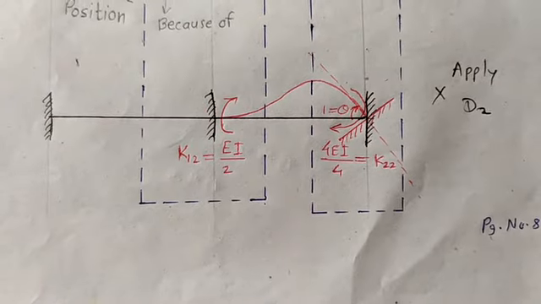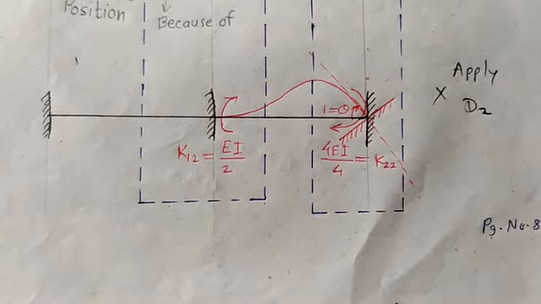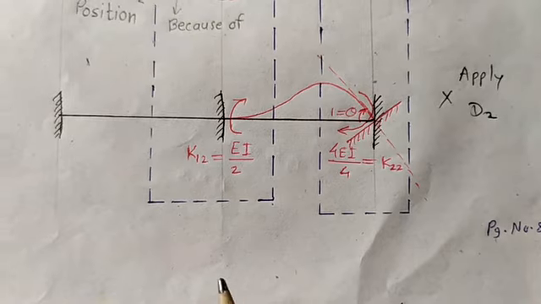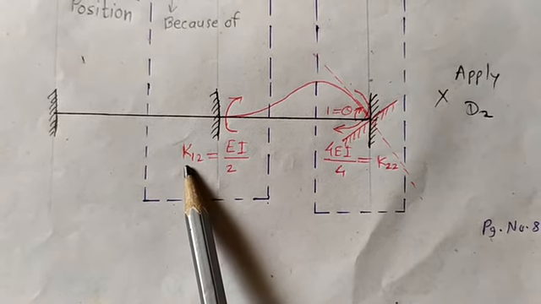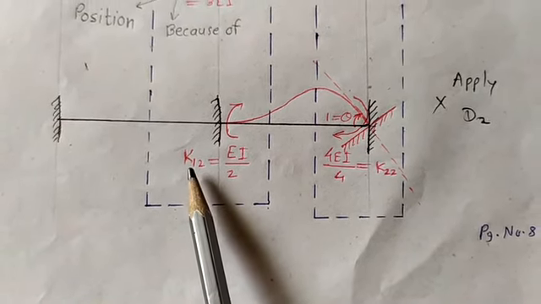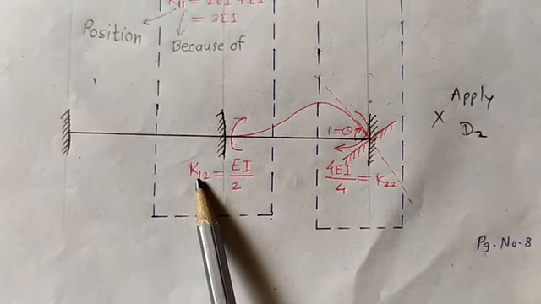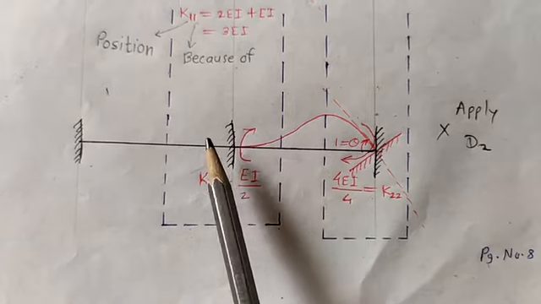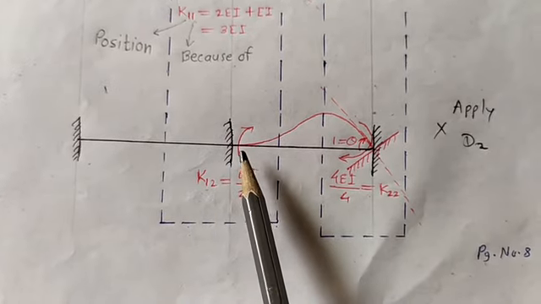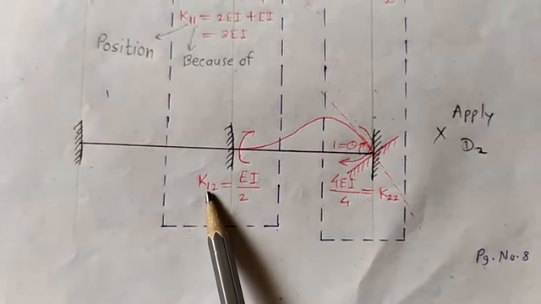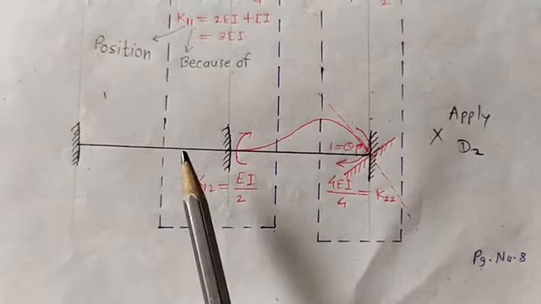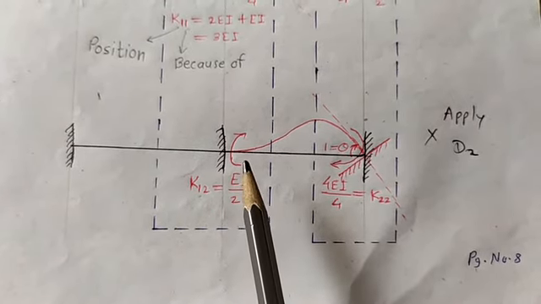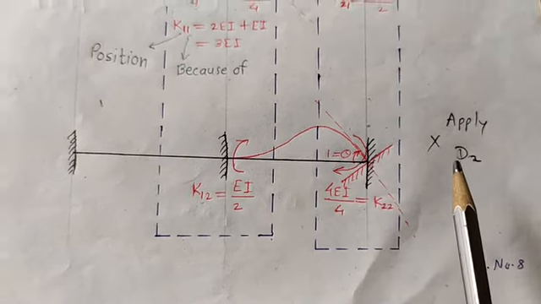Now let us come to the last diagram. In this diagram I have written K12. Here the 1, that is the first alphabet, stands for the position. So this is the B position, that is the first position. That's why this will be 1, and this total diagram is drawn because of application of D2.